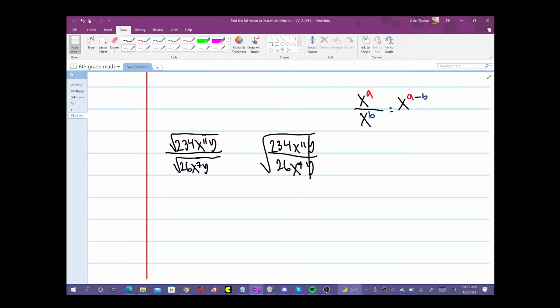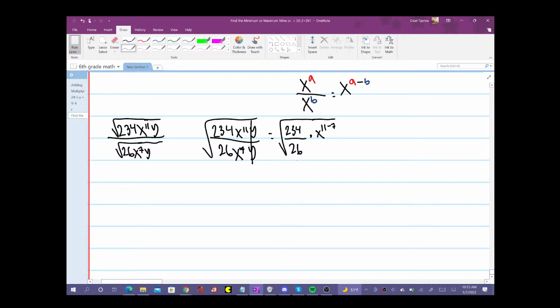So this becomes the square root of 234 over 26 times x to the 11 minus 7 power, right?